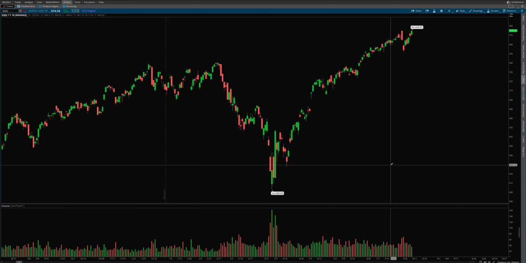Now, volume doesn't say who is in control per se. Price alone does that, but volume says how many people participated in the battle to get price to where it was. So volume will help answer, is this move real or is it fake? Right? Are institutions involved, or is this a low liquidity move?